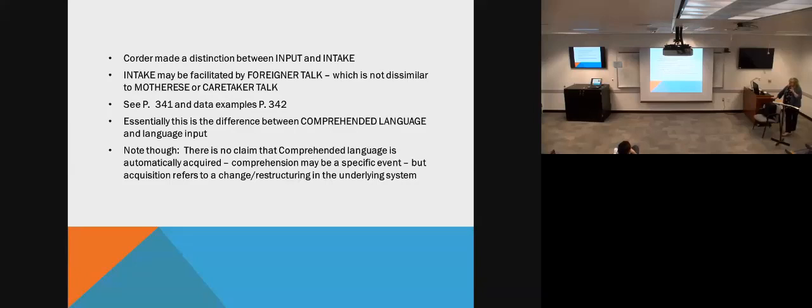Now, we do something similar with foreigner talk. Have either of you heard the term foreigner talk? Essentially it's the same idea, but it's what you do for foreigners. So you start interacting with a foreigner, and let's say I'm interacting with Sheehan, my favorite foreigner. I start asking him things, and it becomes clear, at least in my mind, that Sheehan doesn't really understand what I'm saying. So then I'll back up.